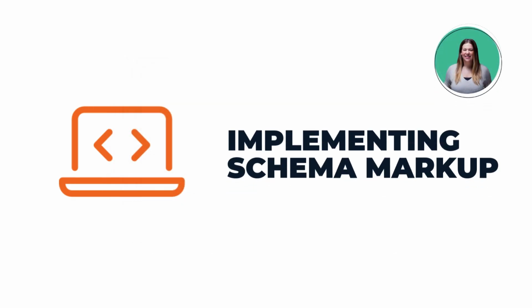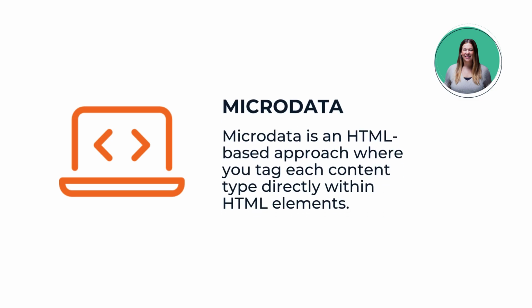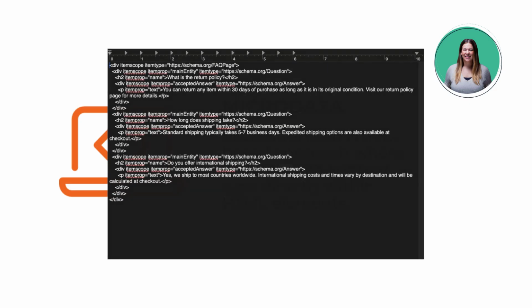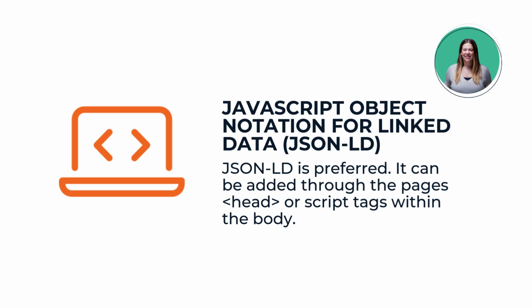Next, we're going to go over how to implement a schema markup. There's 3 main ways to add a schema markup to a website. Microdata is an HTML-based approach where you tag each content type directly within an HTML element. JSON-LD, known as JavaScript Object Notation for Linked Data, is preferred by Google and most SEO experts because it's easy to implement and keeps structured data separate from the HTML.